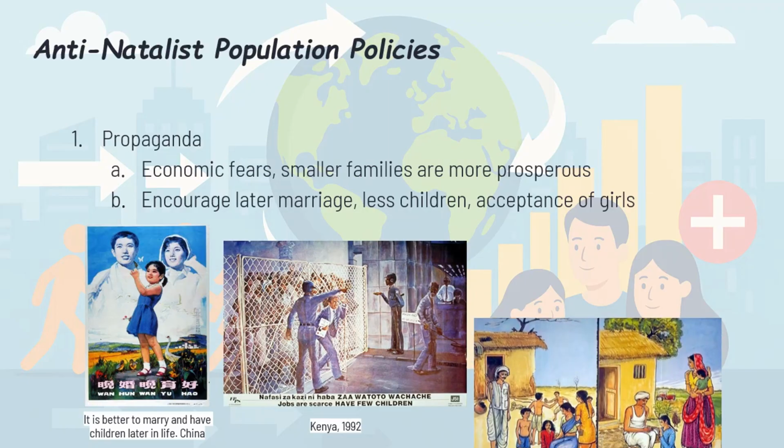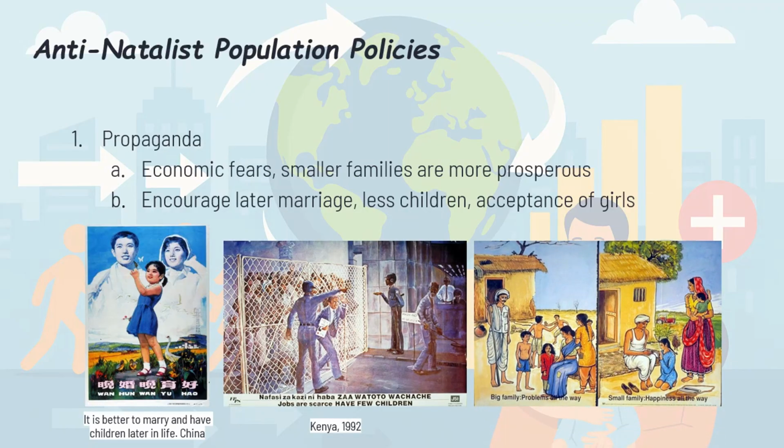The idea is that fewer kids mean more money, less stress, and better opportunities. Basically, they're selling the soft life before it was even a trend. A lot of these campaigns also promote later marriage, fewer children, and the acceptance of daughters, which is a big deal in places where boys were often preferred.